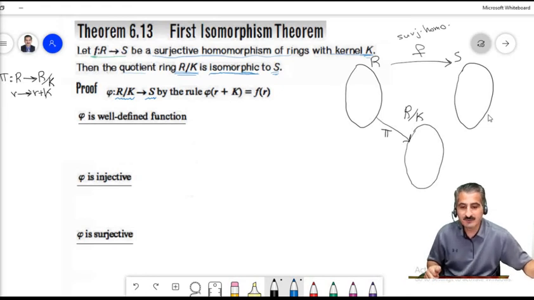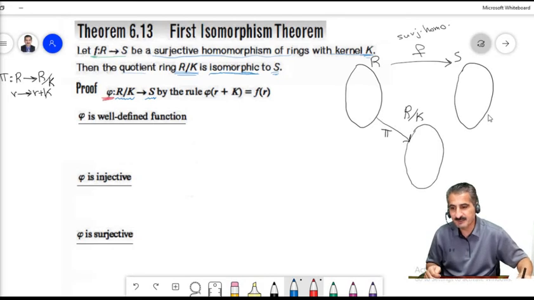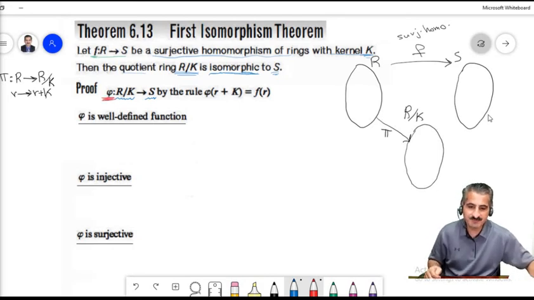Now what we do, phi, this map in here, is defined from here to here. This is phi. It takes R over K to S. And what does phi do? It takes an element R plus K. This is a coset, right?